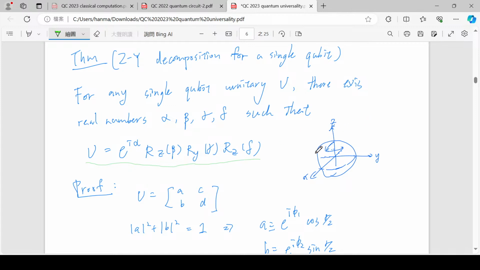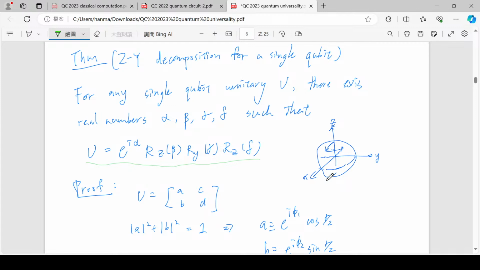So you can think about this as rotating a Bloch sphere by some angle beta first, then you rotate it around the y-axis by some angle gamma, so your z-axis is moved here, and then you rotate about the z-axis by some angle delta again.